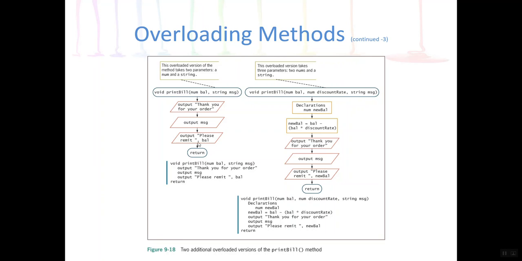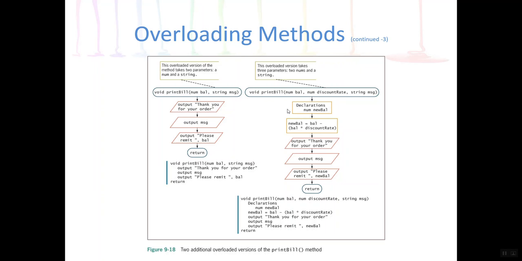The last step is to print the balance, but in between those two steps, we also output the custom message that we passed into this second parameter. So here, our parameter list consists of two parameters, one number and one string. So we, at this point, have three distinct versions of print bill.